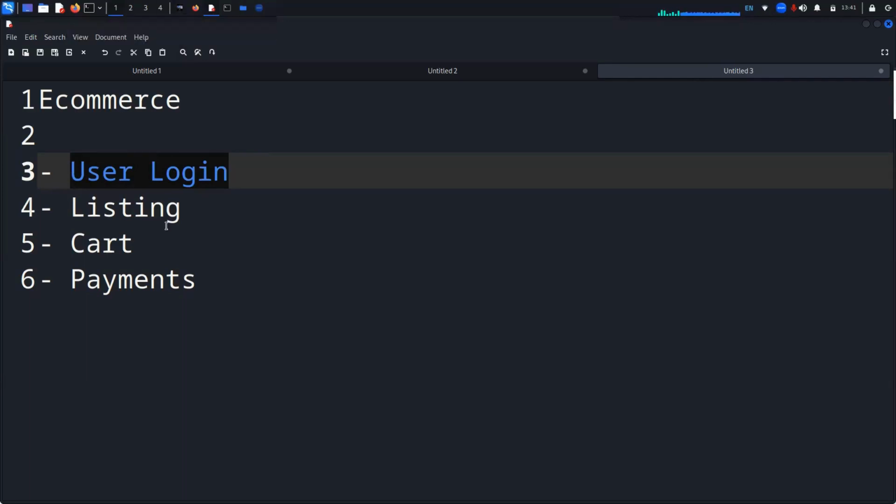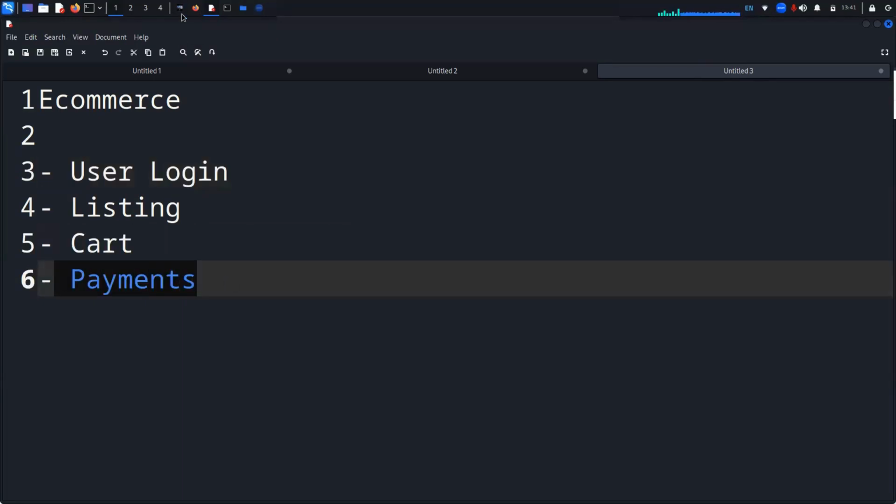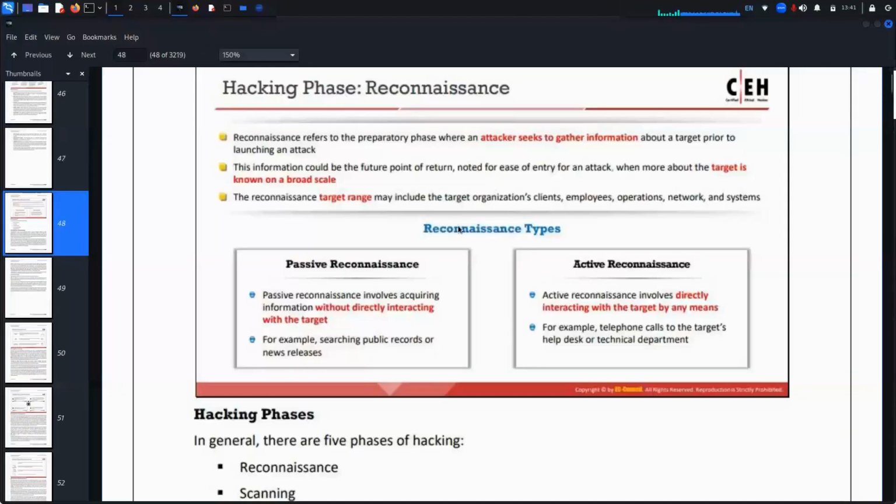For the cart, you can ask about logic. For payments, you can ask about integration of payments, the partners, and so on. If you gain access to any information through an active channel like a telephone call, that is considered active reconnaissance, where you are directly interacting with the target.